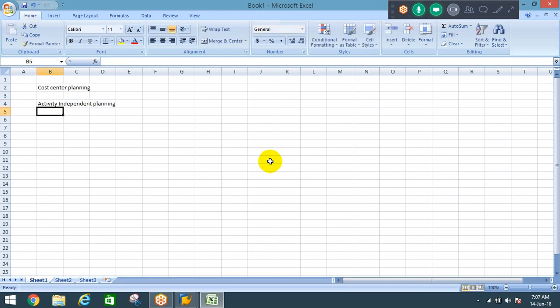In case of activity independent planning, for example, we have salaries, bonus, PF, gratuity, depreciation and repairs.